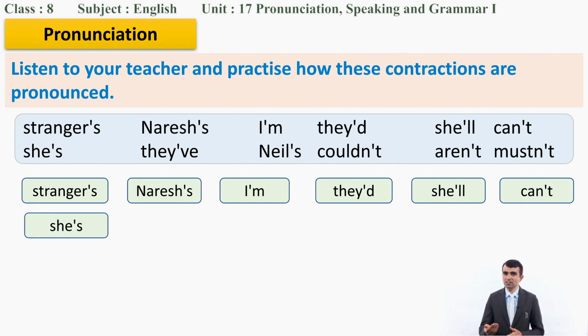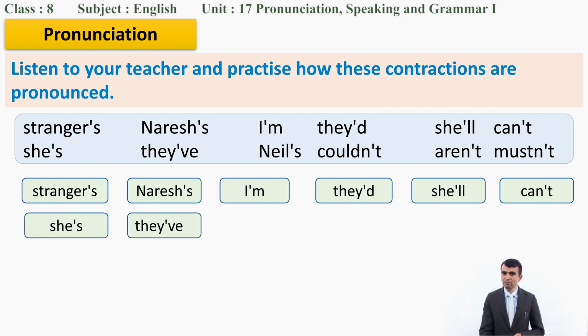C apostrophe is or has. Seeds. Next one, they apostrophe have, short form of have, that is they've. Yes, they've. Next one, Neil.